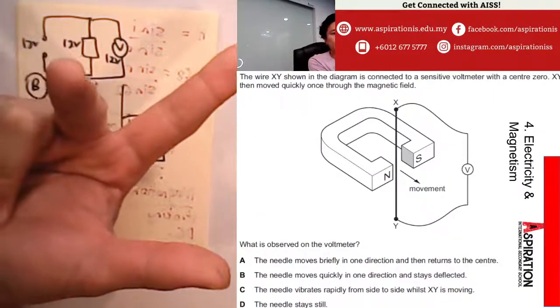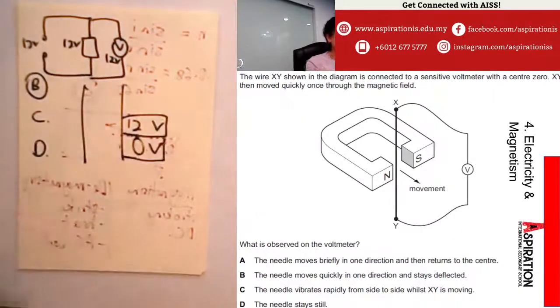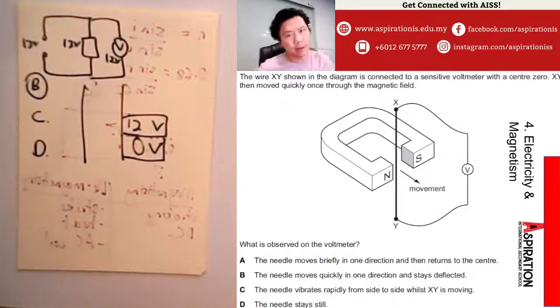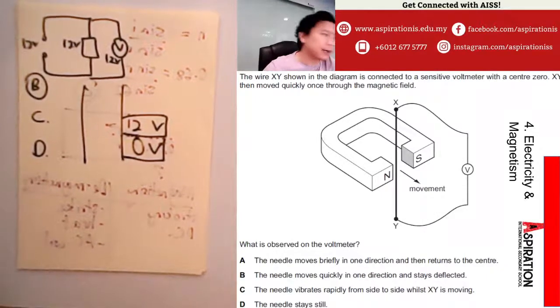So this is why the answer is B, Y to X. I hope this is clear. If you're not sure, please ask your questions in the chat. Was my hand clear?